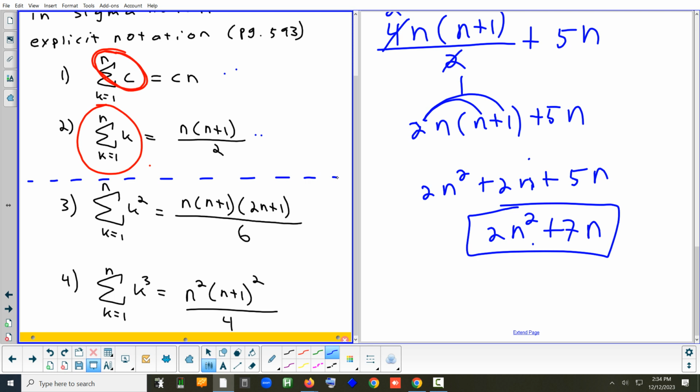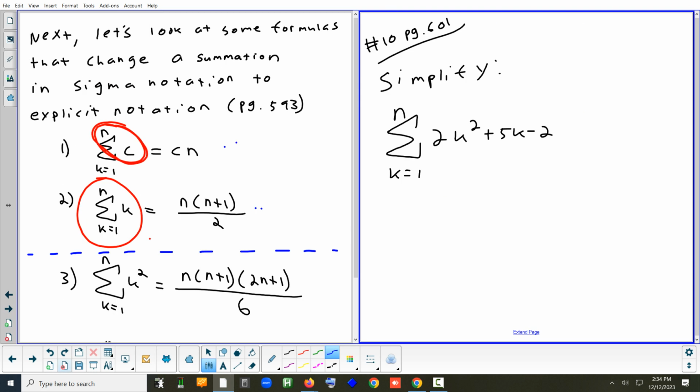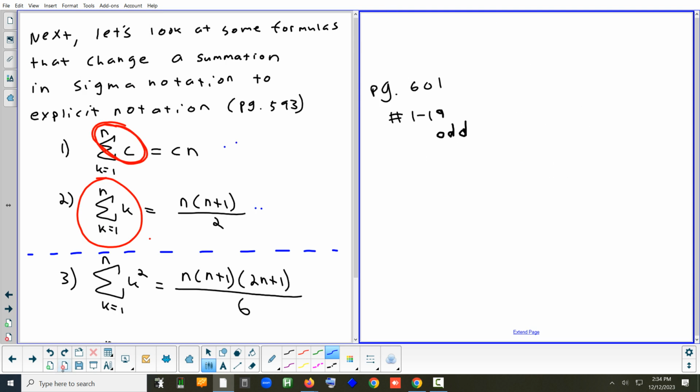All right, so I've got to adjust the homework a little bit. Okay, so page 601, let's see, 1, 3, 5, that's okay. 7, 9, 11, that's what we just did.